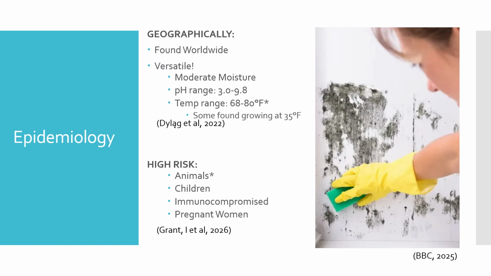As for their temperature range, they optimally grow at about 68 to 80 degrees Fahrenheit, meaning that they are mesophilic, but there have been some cases where they have been found to grow at 35 degrees Fahrenheit. One of the most interesting that I found is a deep ocean variant of chartarum that is found growing in corals.